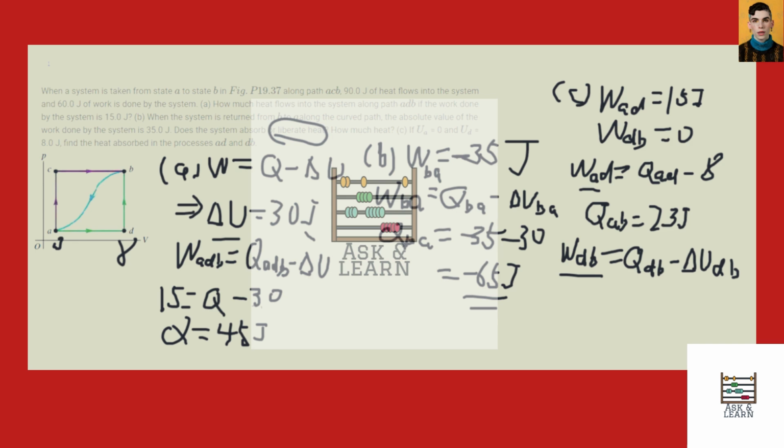To figure it out, we need to utilize this one, because this is the change in internal energy from A to B. So it equals delta U AD plus delta U DB. Delta U AD is 8 joules, delta U DB is the unknown variable, and the total is 30 joules. So delta U DB is 22 joules.